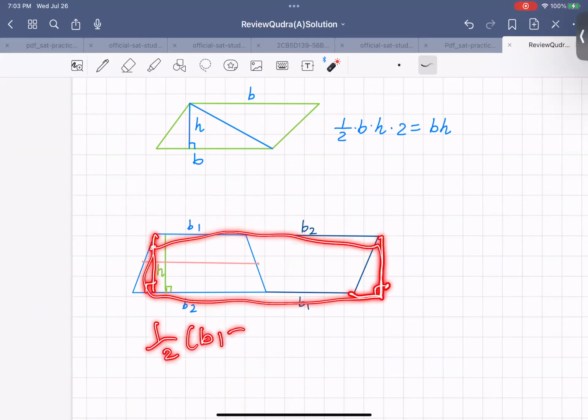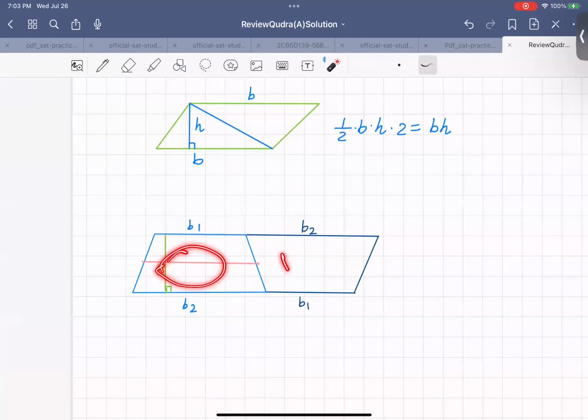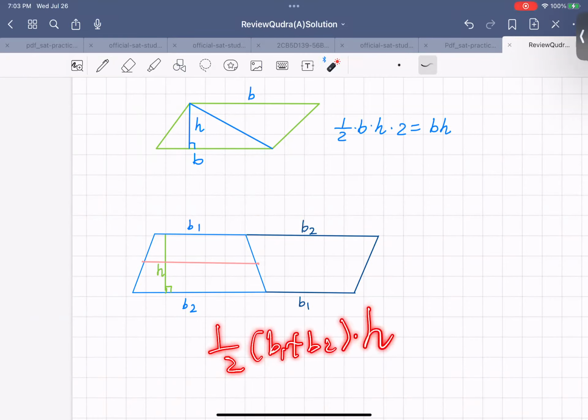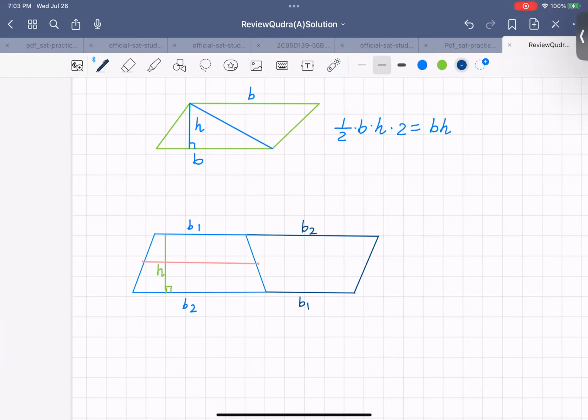B1 plus B2 times height. And you know these two parts are identical, so you divide by 2. That makes sense? So the area of a trapezoid is 1/2 (B1 plus B2) times h.